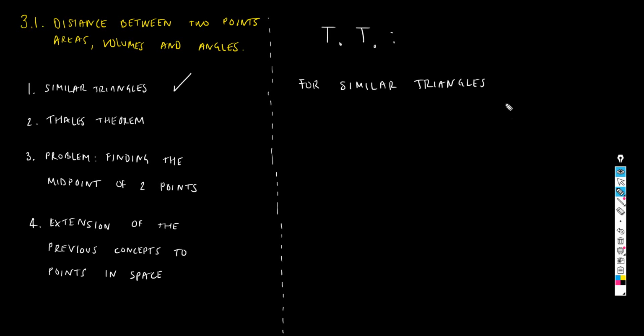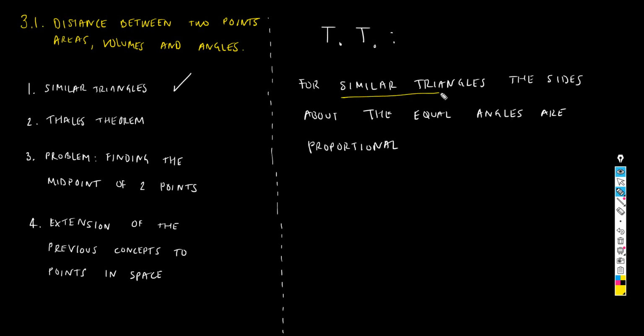For similar triangles, the sides about the equal angles are proportional. There you go. In here, the keywords are for similar triangles.